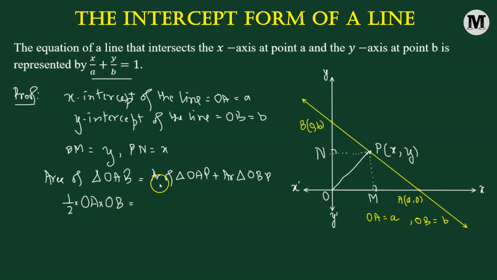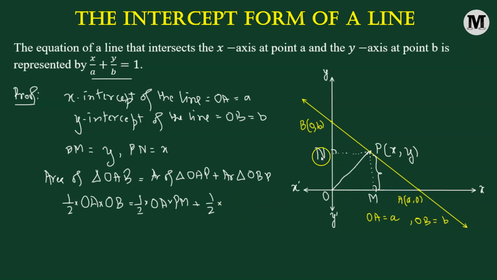This is going to be equal to the area of the lower triangle OAP. So here we have half times the base, which is given by OA, times the altitude. In this case, the altitude is going to be denoted by PM. Added to half times the area of OPB, the upper triangle.